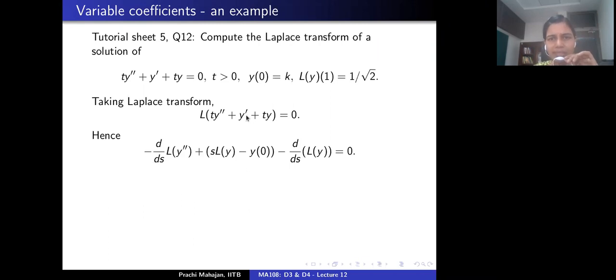Now this term is easy. The Laplace transform of the first derivative of y is s times the Laplace transform of y minus y0. Again, you have a factor of t here, so this should be minus the Laplace transform of y differentiated with respect to the s variable. Is that okay?